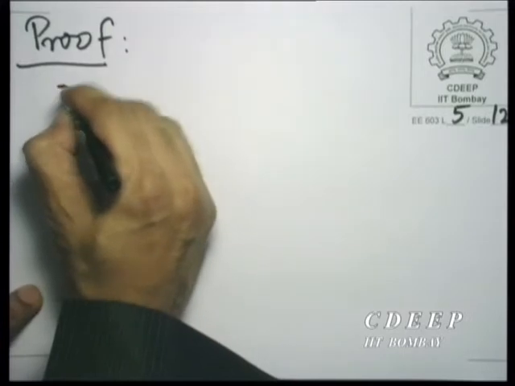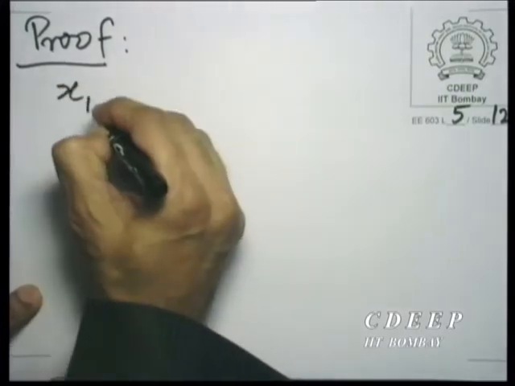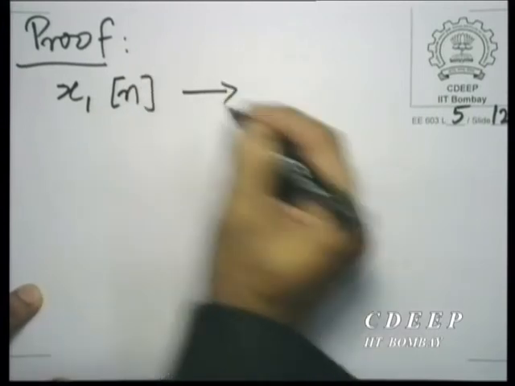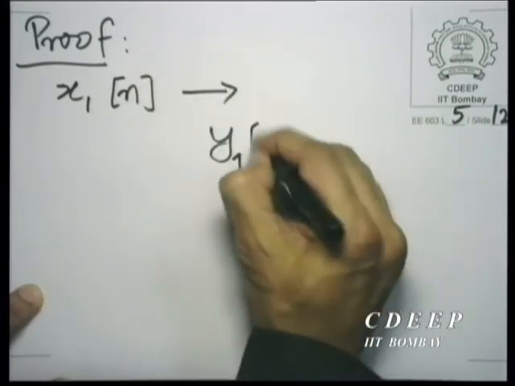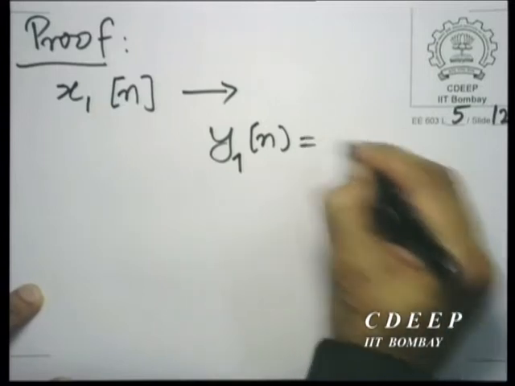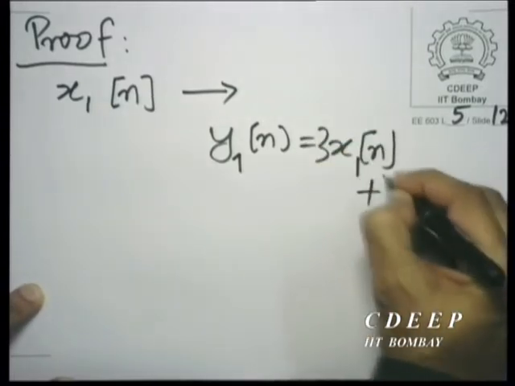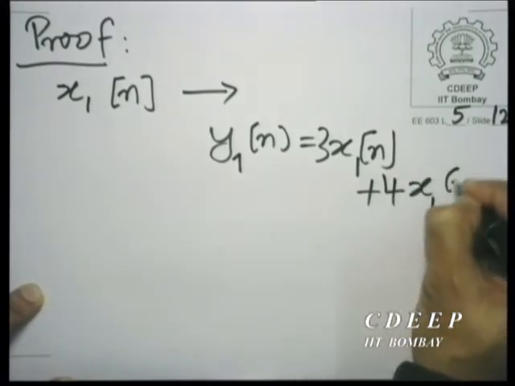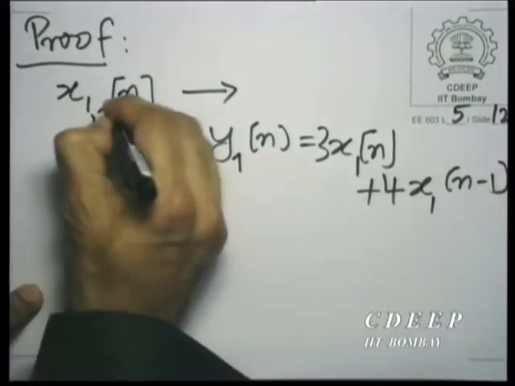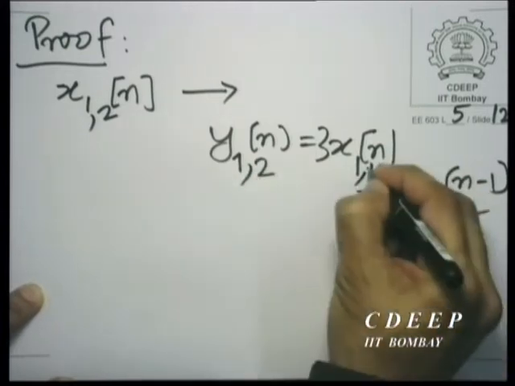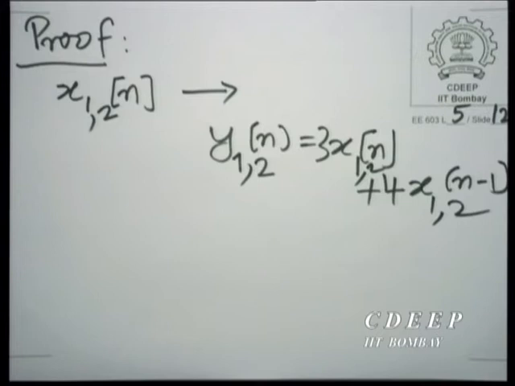We note, of course, that x1[n] would result in the output y1[n] equal to 3 times x1[n] plus 4 times x1[n-1], and we use the same notation because the same thing happens to x2.